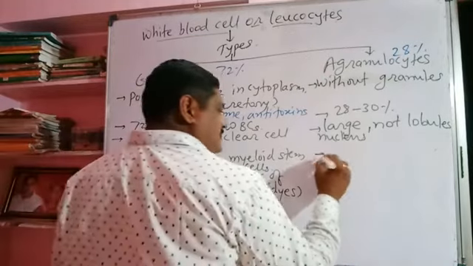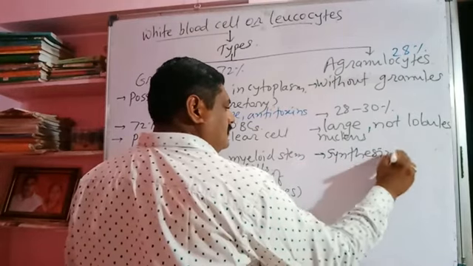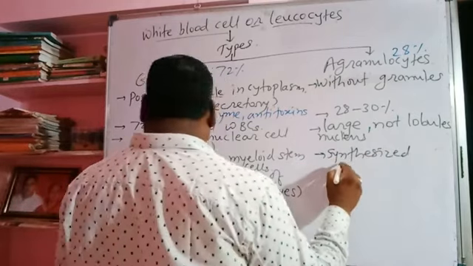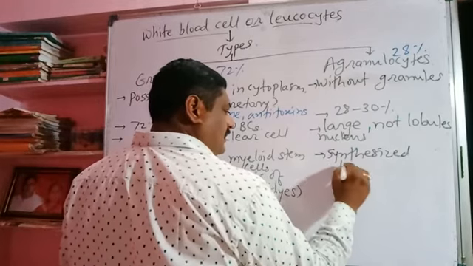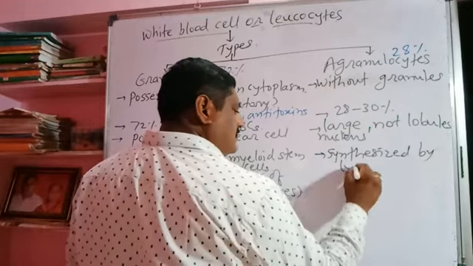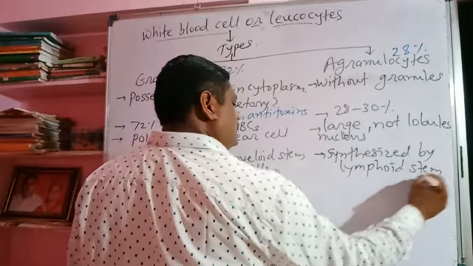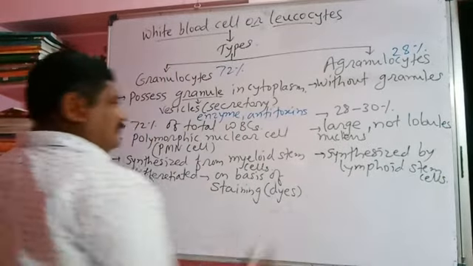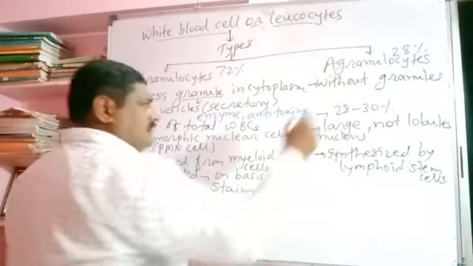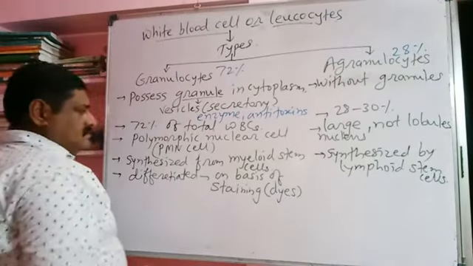Agranulocytes are synthesized by the lymphoid stem cells. These have a somewhat longer lifespan than the granulocytes.